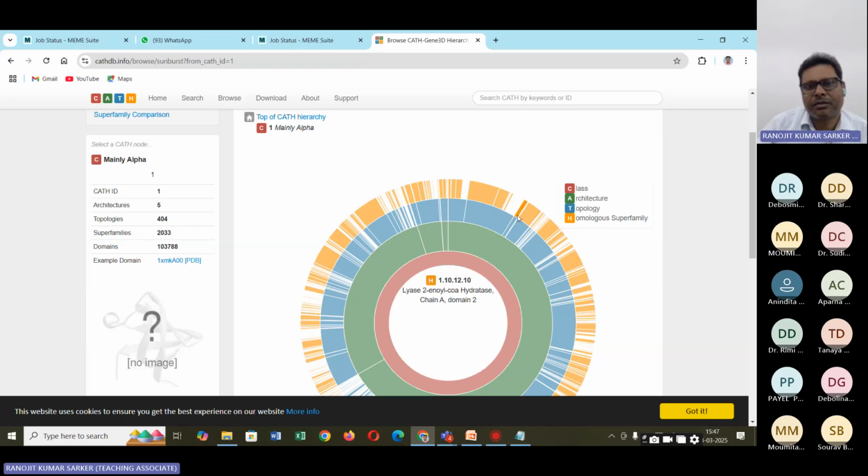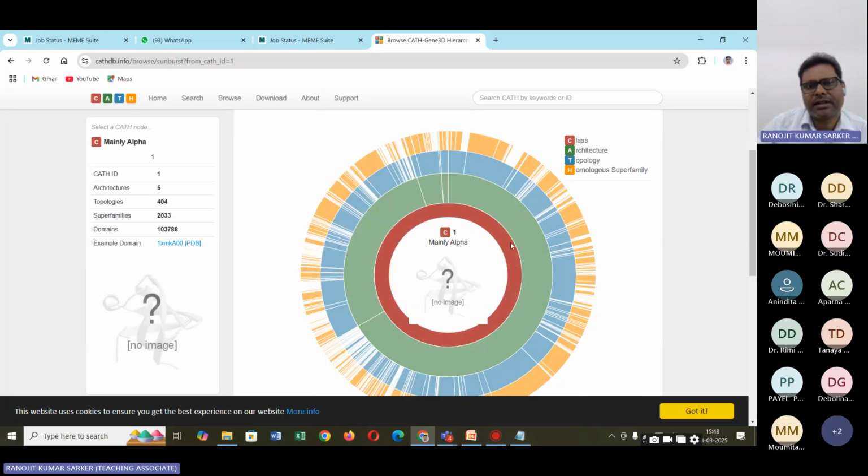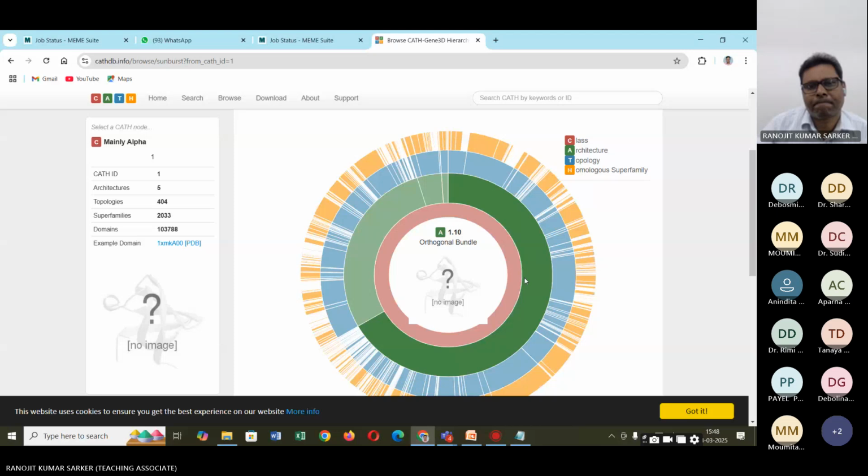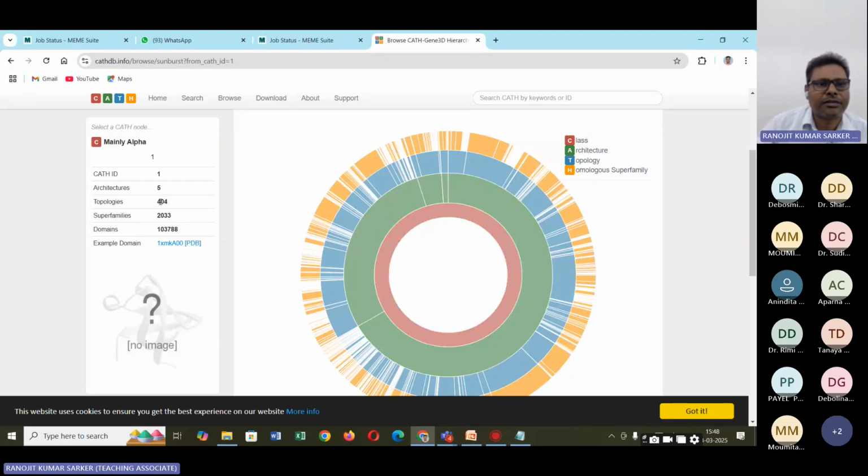All the amino acids: you move the cursor, you will get the chain and the position of the amino acids. Sorry, this is helix. This is turns and coils. This is alpha helix. So these are the topologies. They have 404 topologies.